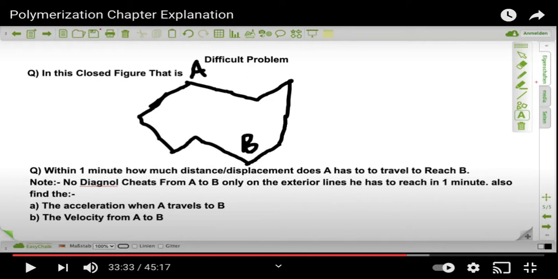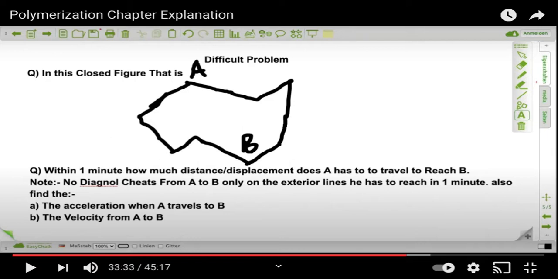Take all the sides as x. The shortest side is on the right side. So it will be x, x, x, and x, which is 4x. So 4x is the distance by time. Time you convert to 60.